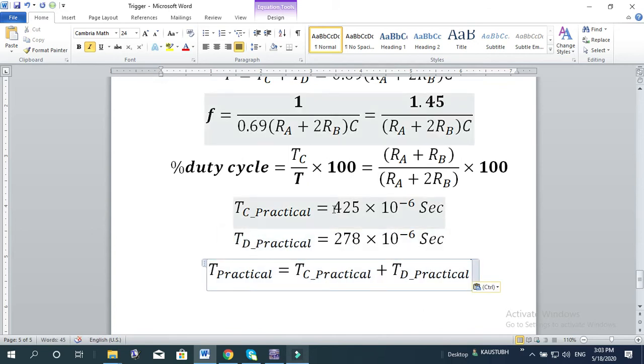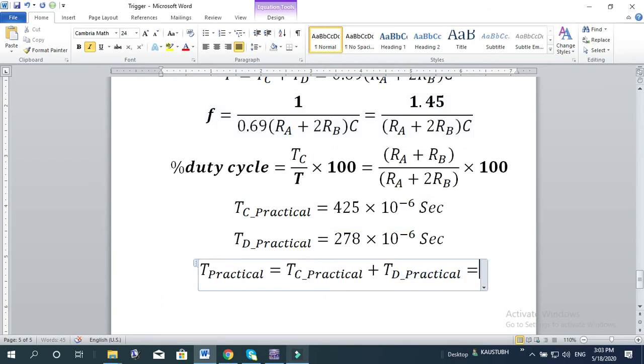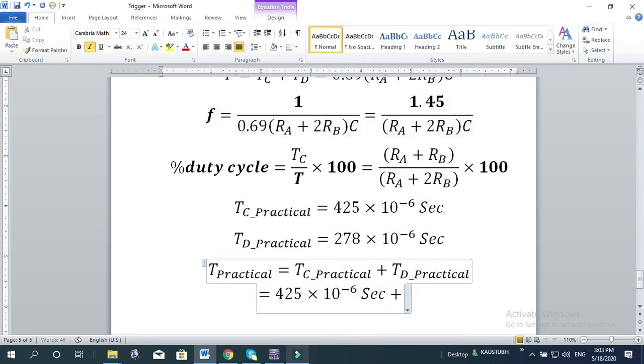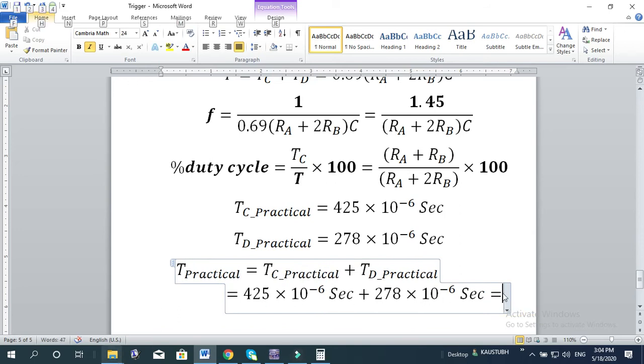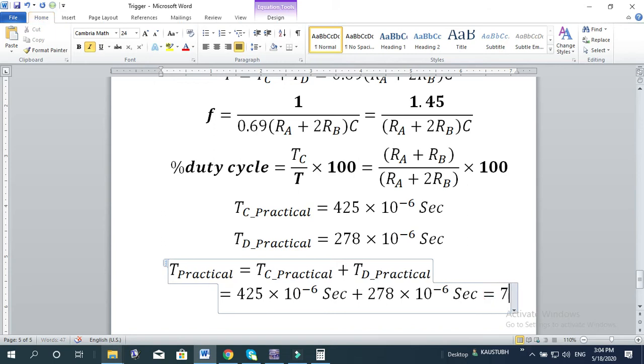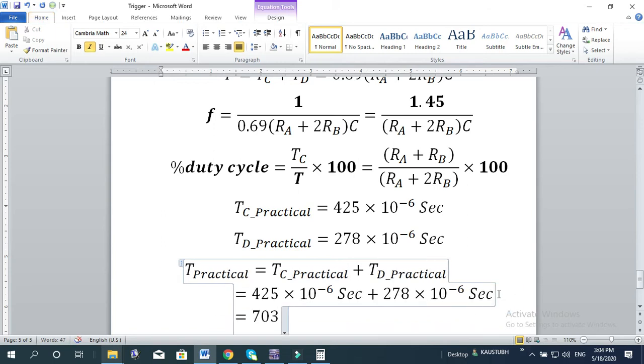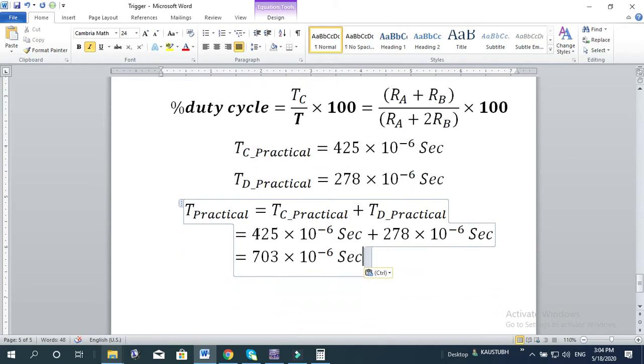So this is 425 plus 278. So this is equal to your 703 microsecond. Okay, so 703 microsecond. So this is your practically the total time duration.